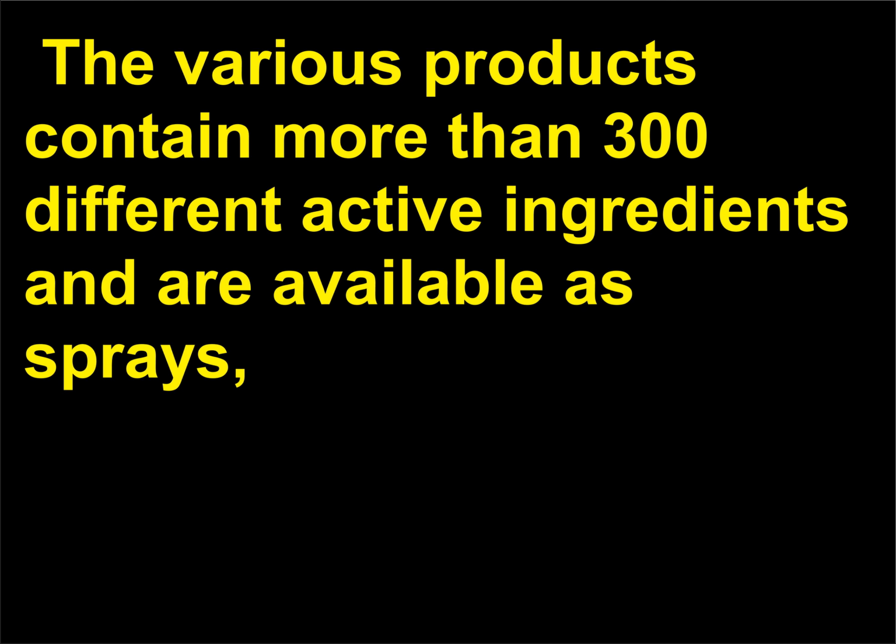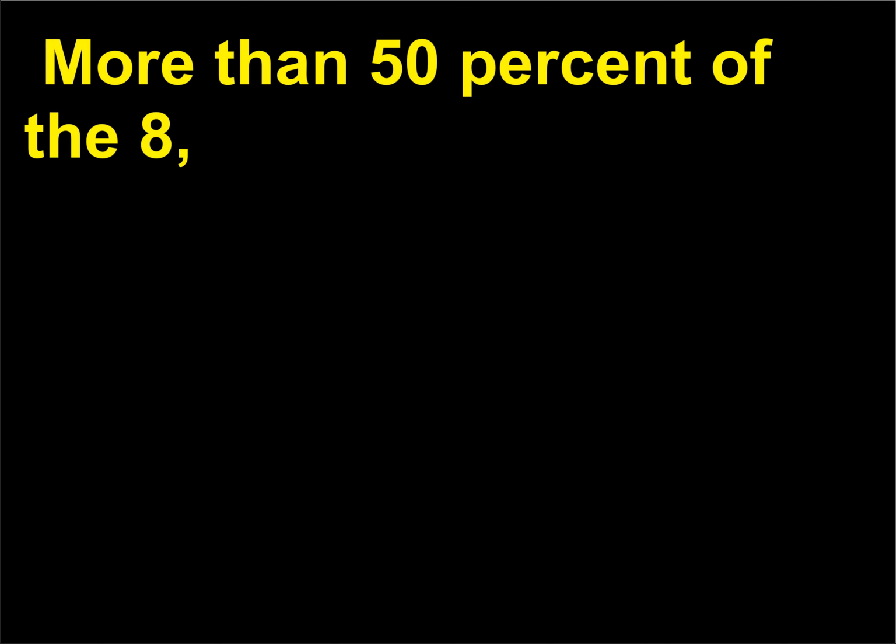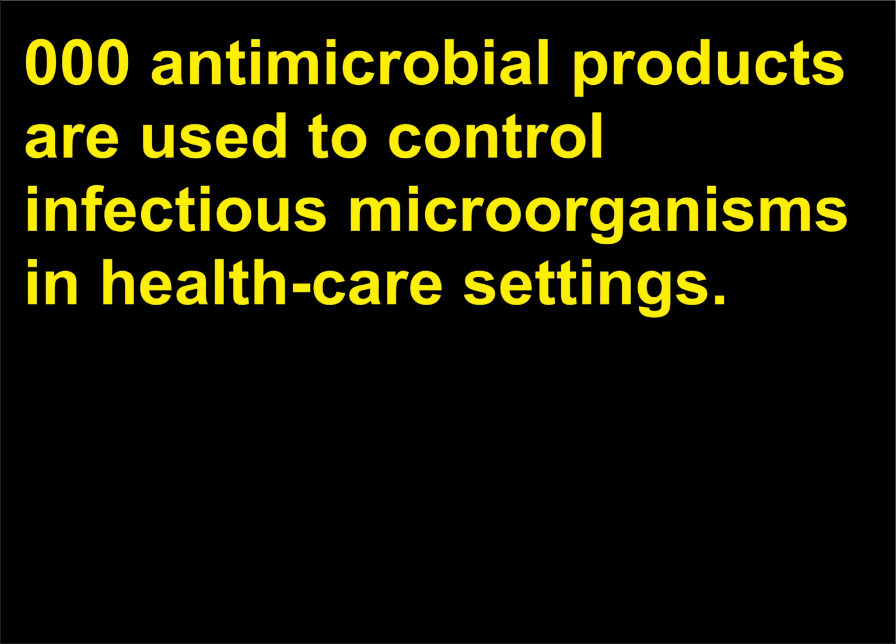The various products contain more than 300 different active ingredients and are available as sprays, liquids, concentrated powders, and gases. More than 50% of the 8,000 antimicrobial products are used to control infectious microorganisms in healthcare settings.